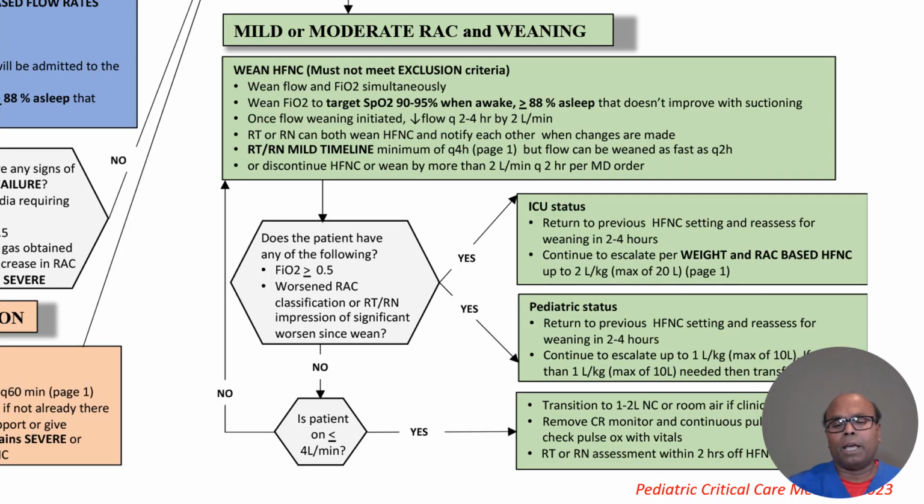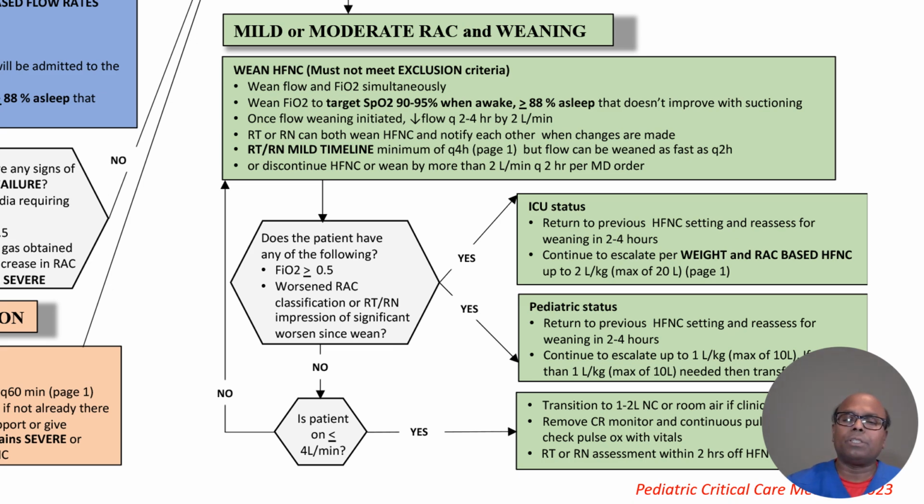There is another version I need to show you because it was published in Pediatric Critical Care 2023. This article was published from Children's Hospital UC Davis. What they do is they wean both flow and FiO2 simultaneously to keep the saturation 90 to 95 while awake or more than 88 while asleep.